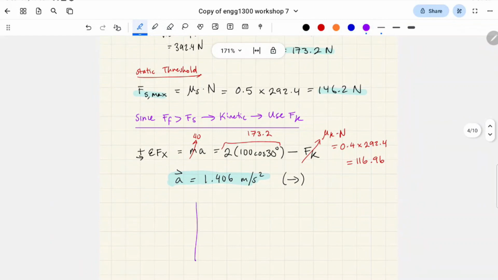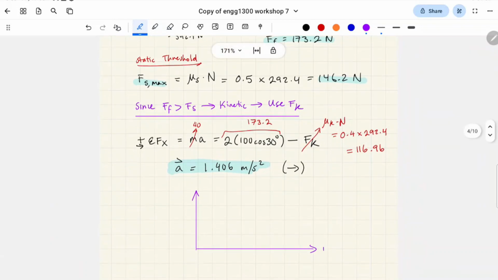So basically, with friction, you can always think of it in terms of a graph. Friction force on the y-axis, and then F applied, the force that you're applying, which would be the pulling force in the horizontal direction, on the x-axis.